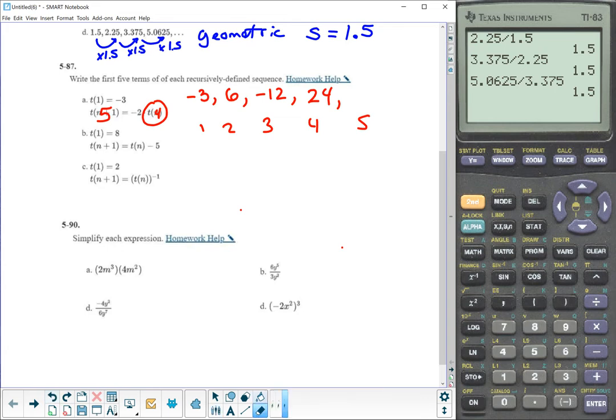So term 4 is 24. So I'm going to put 24 right here. And term 5 is going to be -2 times 24, which is again going to give me -48. And that's term 5. So my terms are -3, 6, -12, 24, 48.